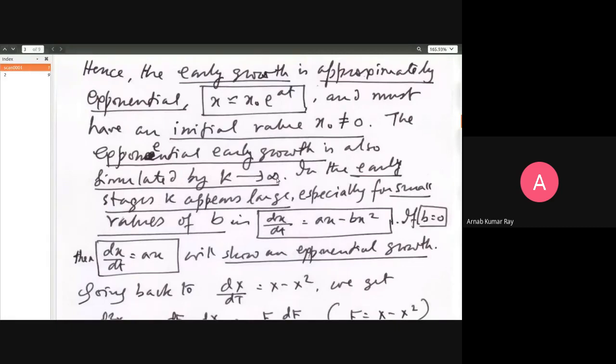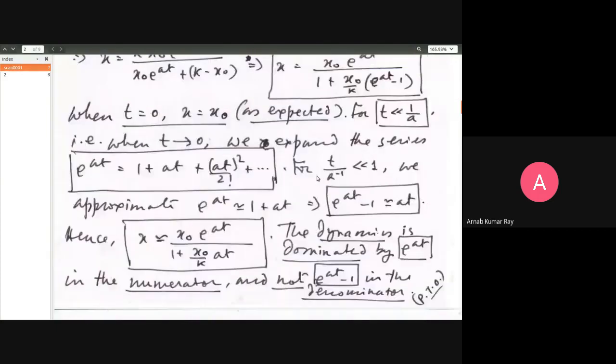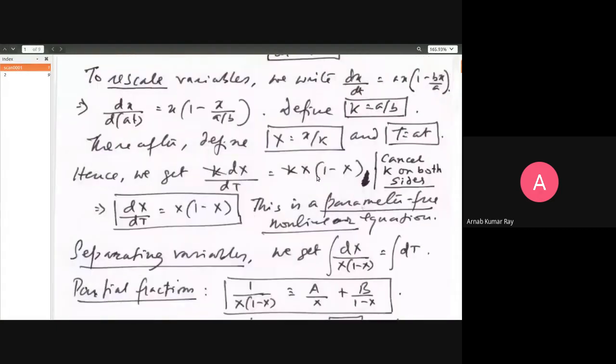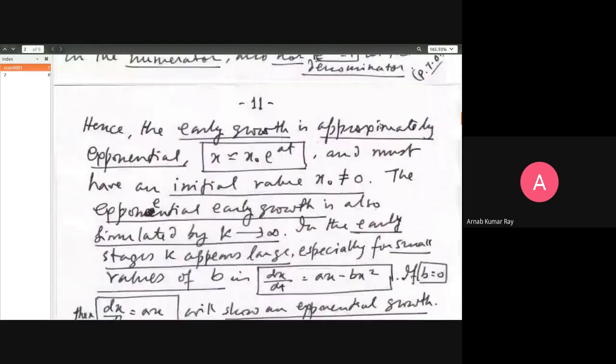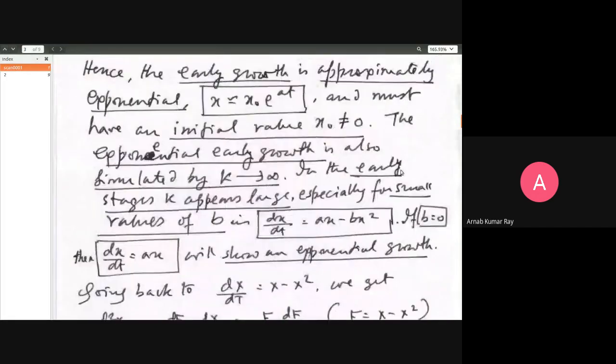If k goes to infinity, what is k defined as? K has been defined as a by b, right? So to make k go to infinity, b should go to 0. Follow carefully. Well, b is not 0 exactly, but b can be very small.